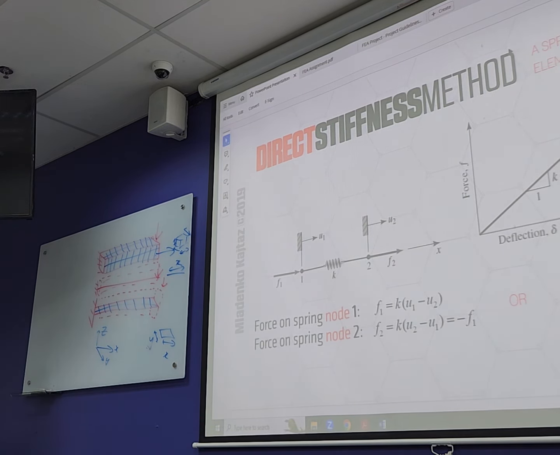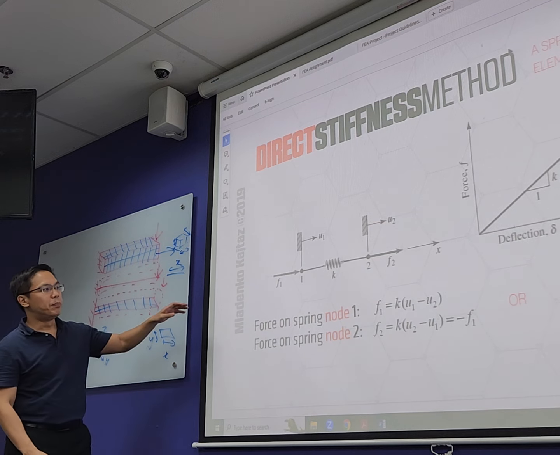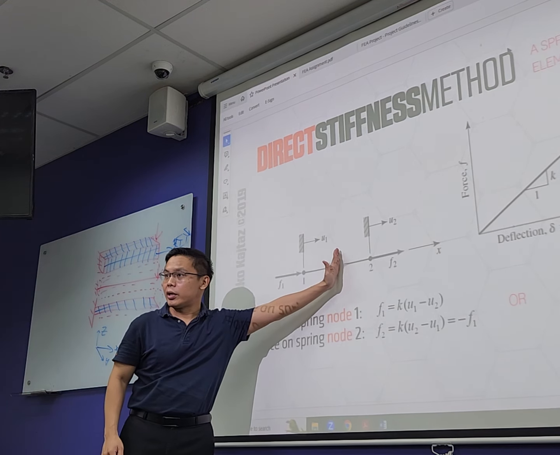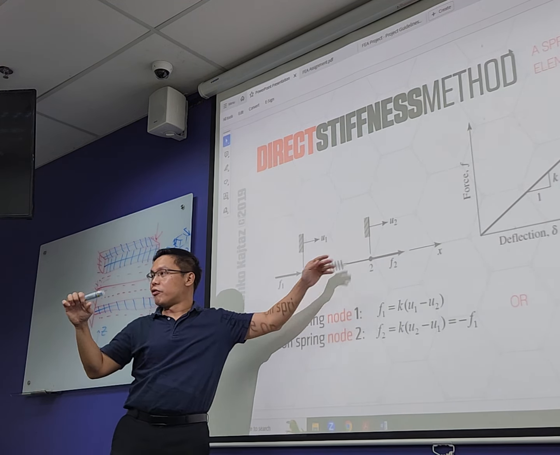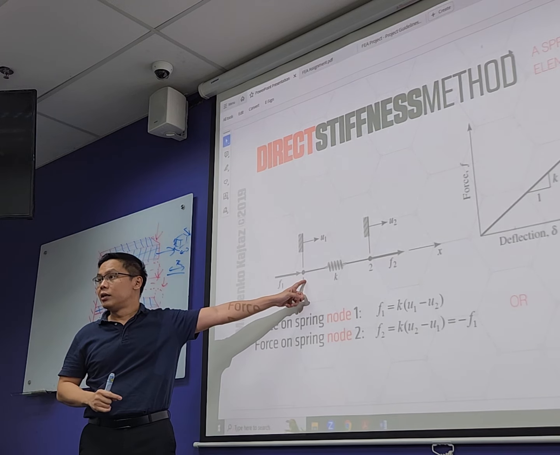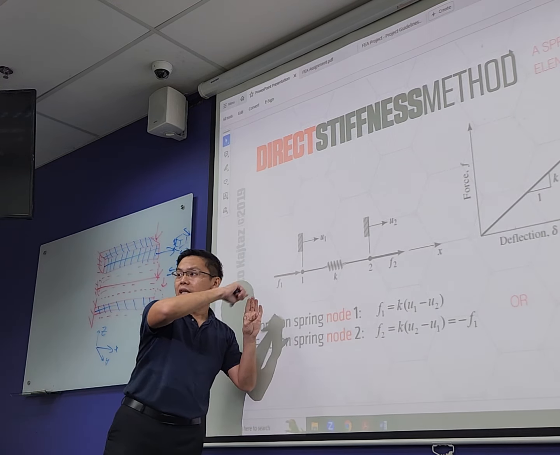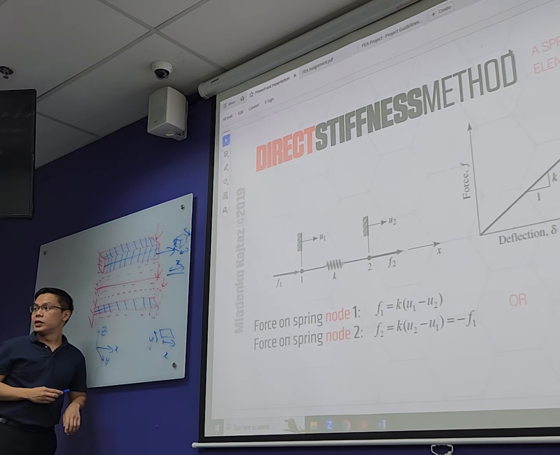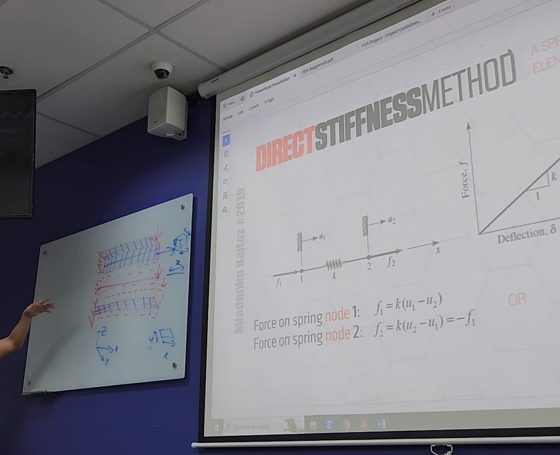Why? Because when it comes to your computation, let's say for example, if I have a beam and I want to know how much compression it has, if I break it down into a single dimension, I only need to care what is the deformation in this direction.